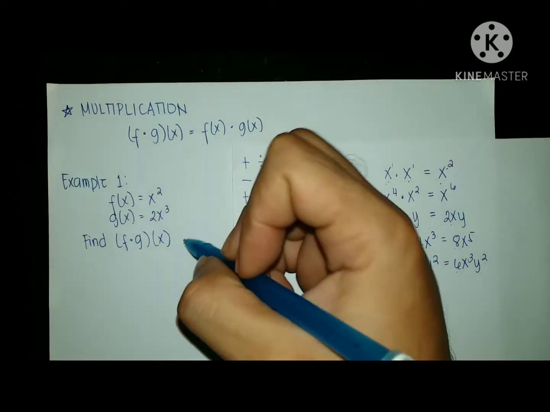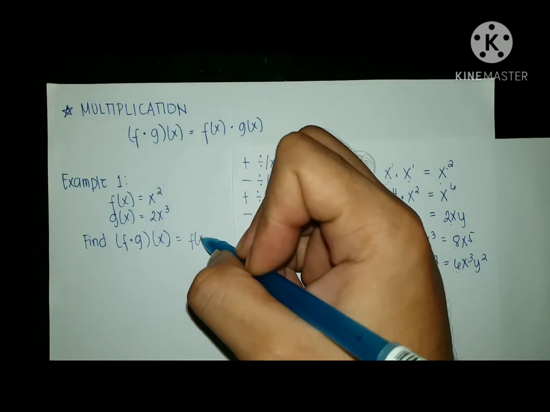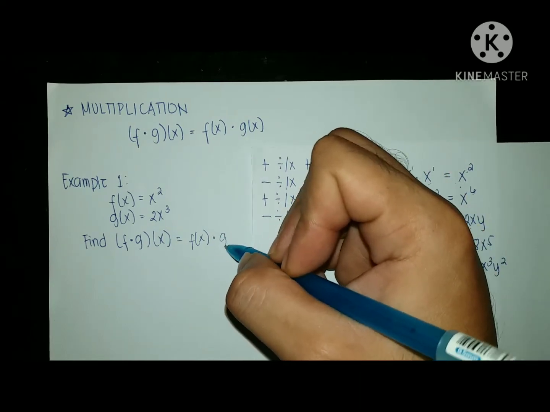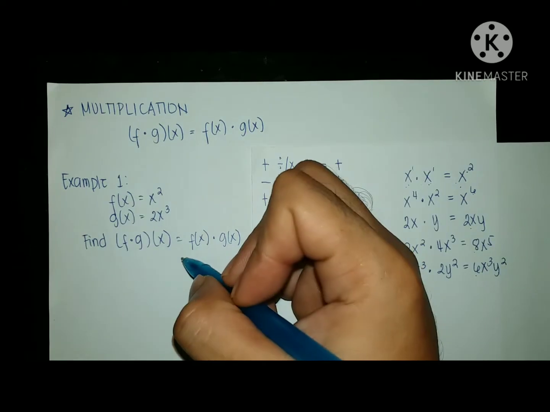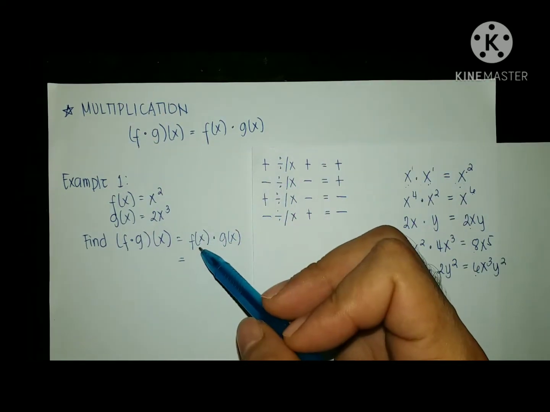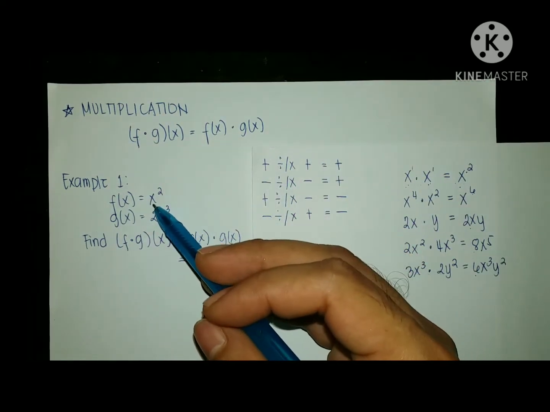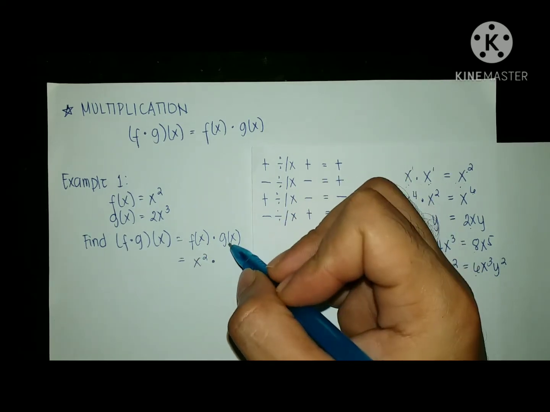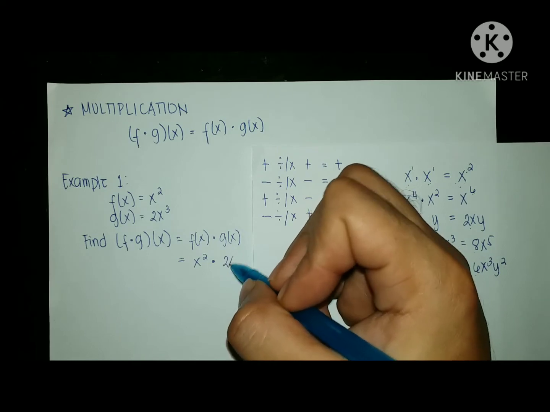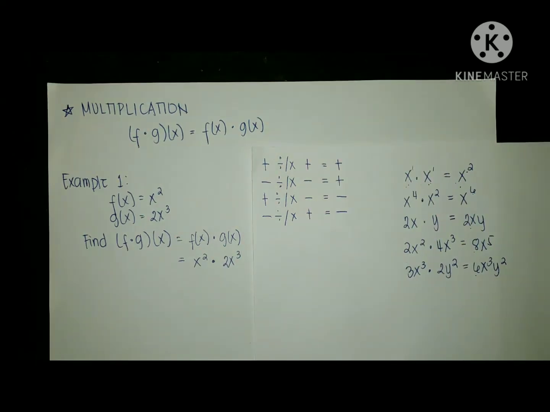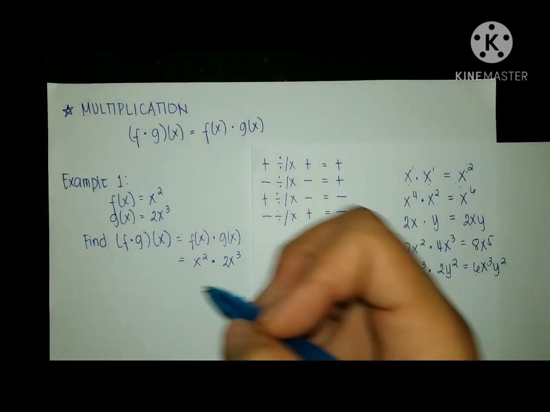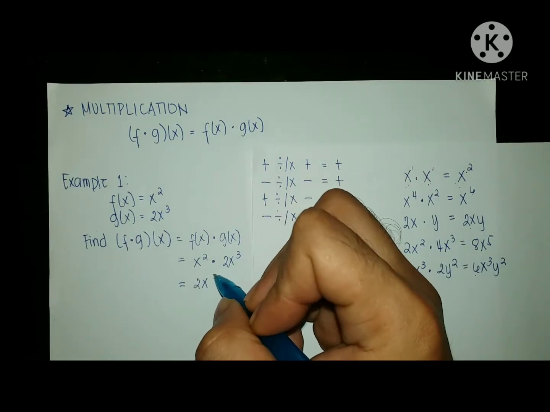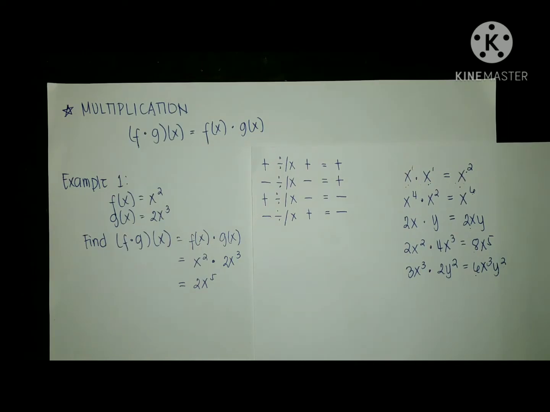That is also the same as f of x times g of x. So replace f of x with the given function. That is x squared times g of x, which is 2x cubed. So x squared times 2x cubed, that is 2x raised to 5.